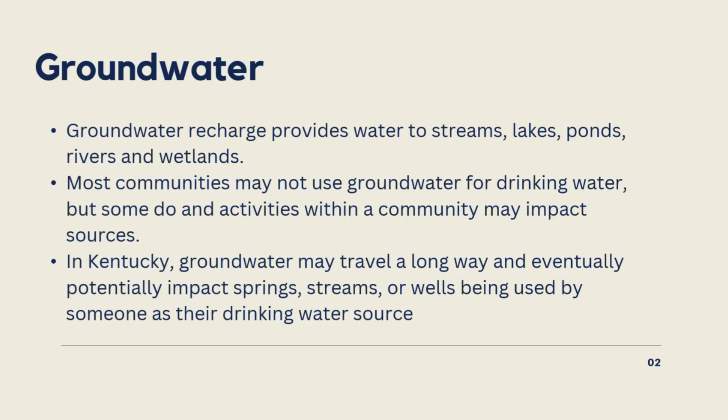And the important thing about this system and a lot of other systems throughout, especially central Kentucky and the Midwest part of the state, such as Warren County and Bowling Green, is that even if you don't use groundwater as your drinking water source, for example, the Royal Spring in Georgetown is connected to northern Fayette County that doesn't use it as drinking water, but there's a lot of agricultural land, horse farms in northern Fayette County, and activities there can directly impact the drinking water in Georgetown.